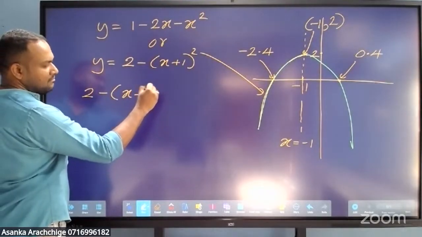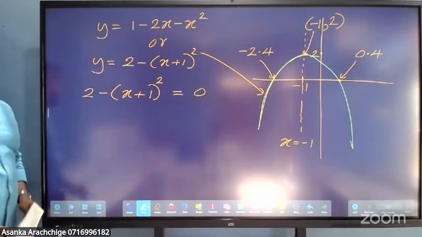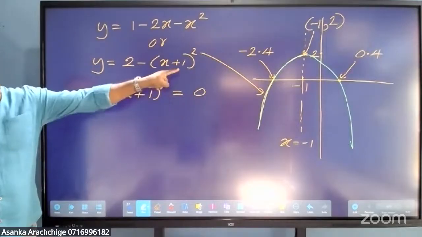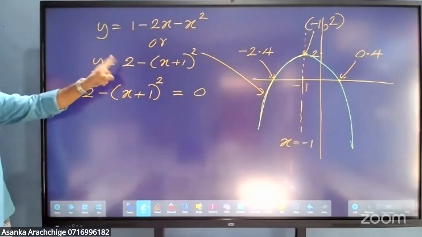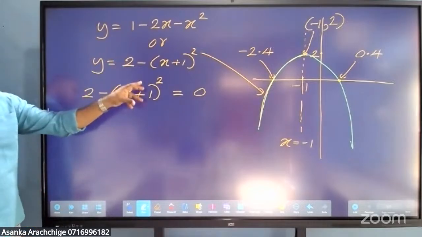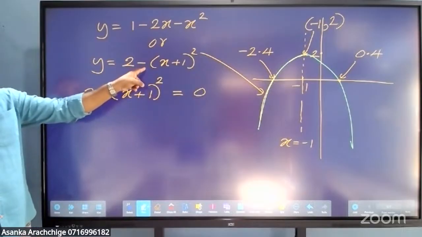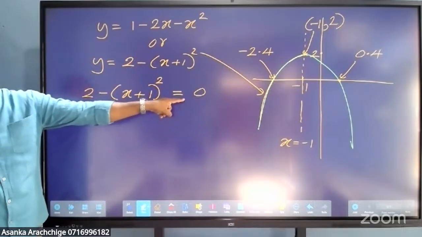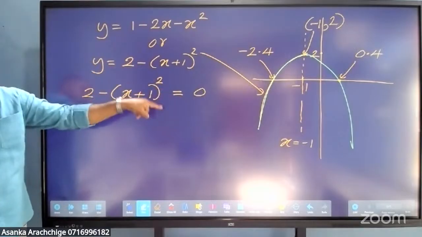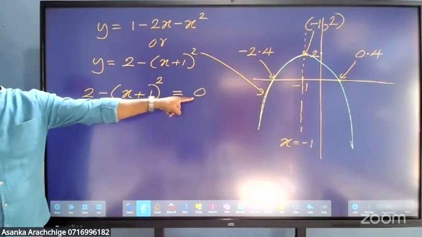When this function becomes 0, here it becomes an equation. When this changes to this position, what happens? Y equals 0. Y becomes 0.